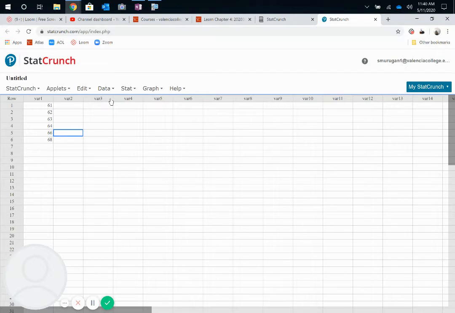And then I'm going to put in the weight, which is 104, 110, 141, 125, 170, and 160.